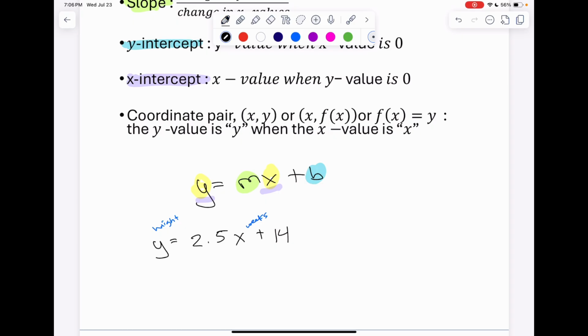If they asked you what is the meaning of the point, I don't know, (2, 19), what we would be able to say is, well, this is our x value, this is our y value, this is the number of weeks when our y value or height was 19. We'd say on week 2, the height was 19. That's the meaning of that point.